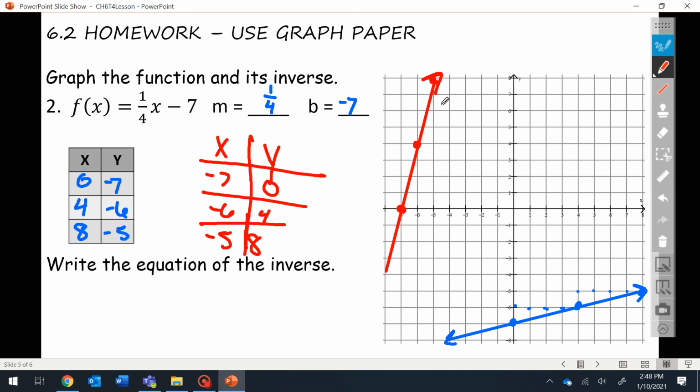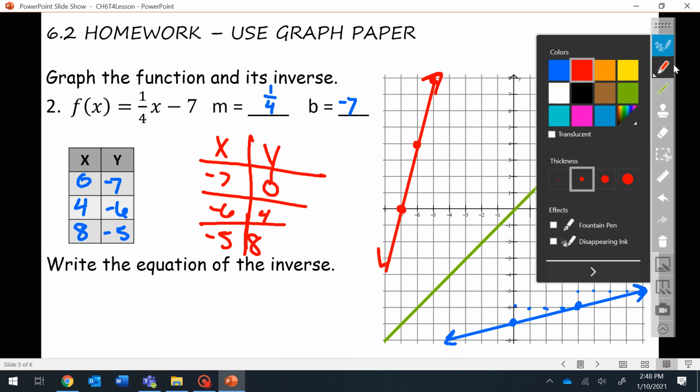Okay, so it's going to be over here. And you can see they're reflected across that green line that cuts it in half. So remember the green line that cuts it in half is like this. And the function and the inverse are reflected across that line.